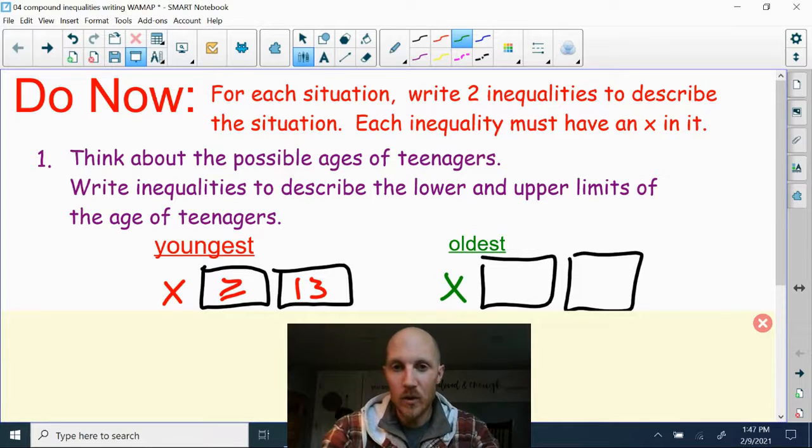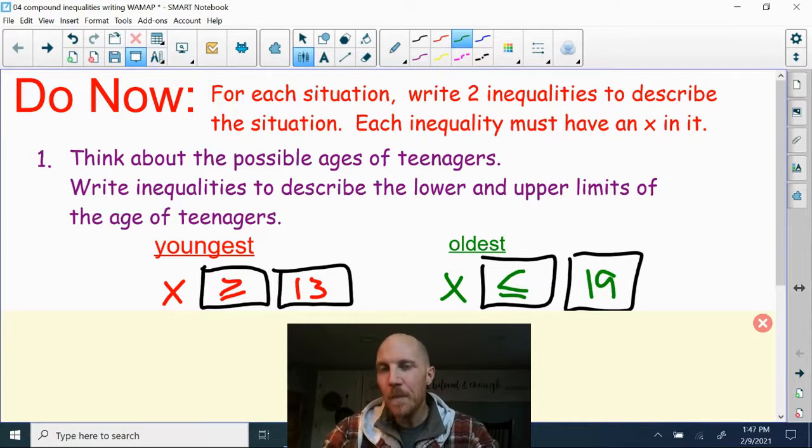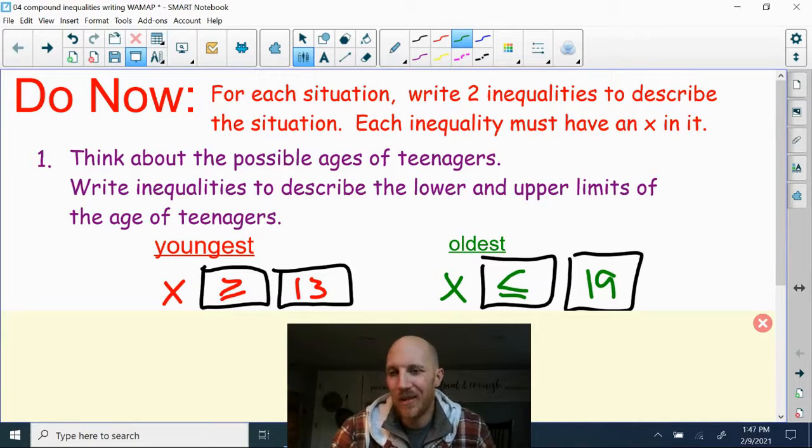And so we'd say maybe your age needs to be less than or equal to 19, which is a good idea, except this actually doesn't include everyone who is in the 19 age year. Because if you're 19 and a half, that actually is a bigger number than 19. And so if we say x is less than or equal to 19, a 19 and a half year old, for example, is not going to be included. And that's not actually what we want.